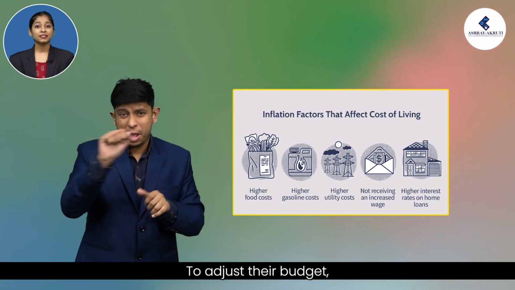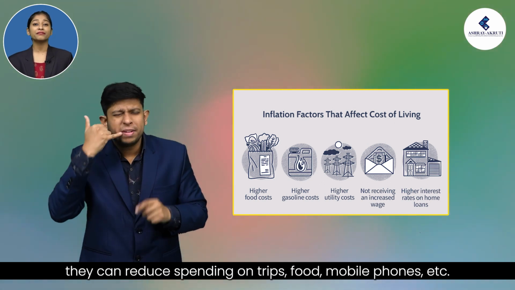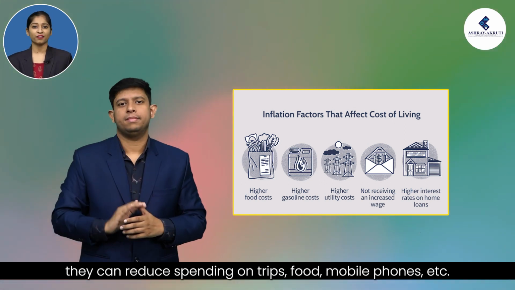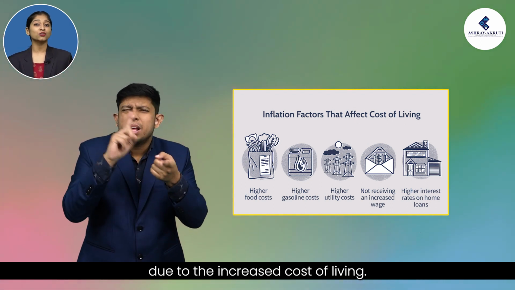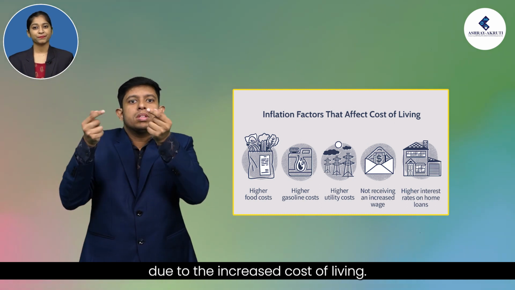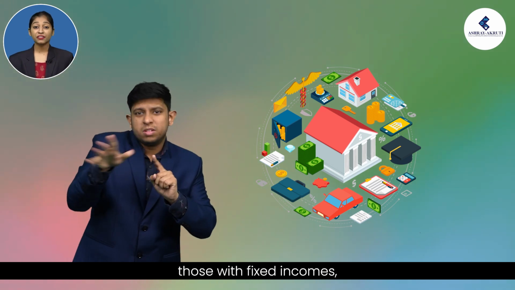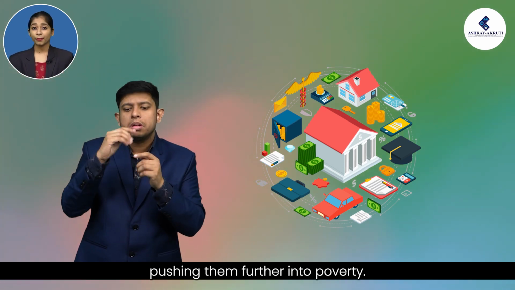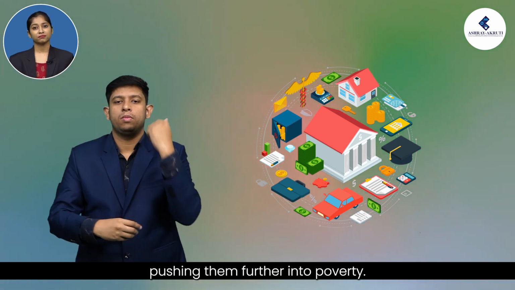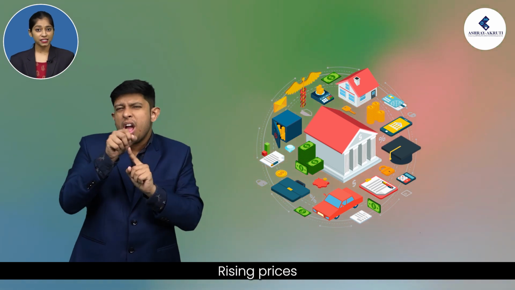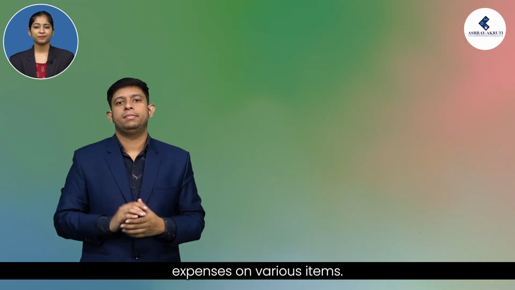To adjust their budget, they can reduce spending on trips, food, mobile phones, etc. This lowers their standard of living due to the increased cost of living. Inflation particularly affects those with fixed incomes, pushing them further into poverty. Rising prices affect consumption and expenses on various items.